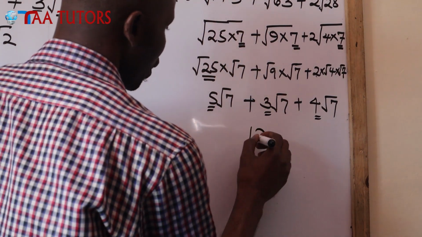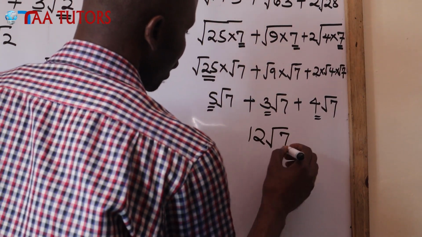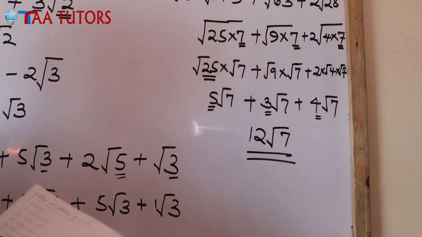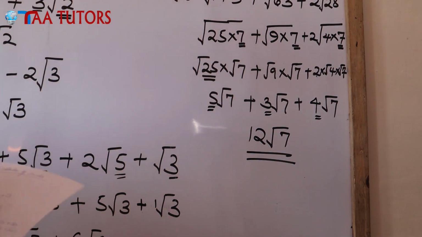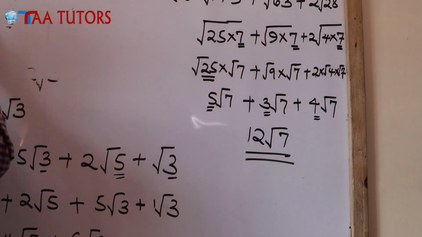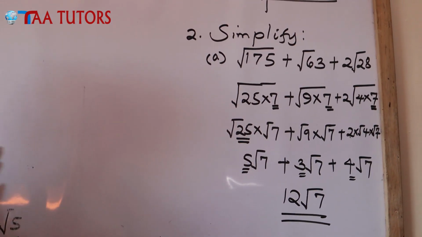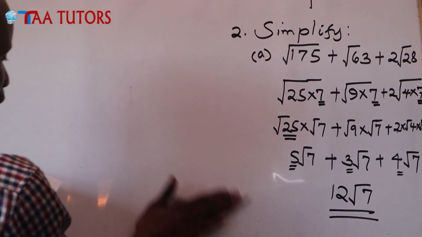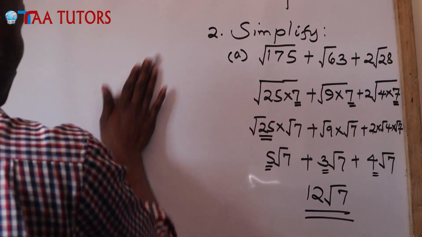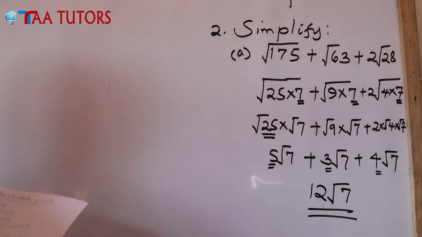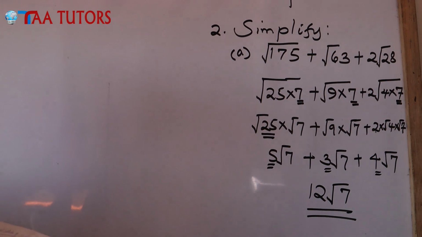So we are going to have 12 surd 7 as the final answer. Now viewers, realize that this one is much more demanding than the first example, because you have to go through 2 stages. First, simplify individual surds. After doing that, then you go forward to either add or subtract.